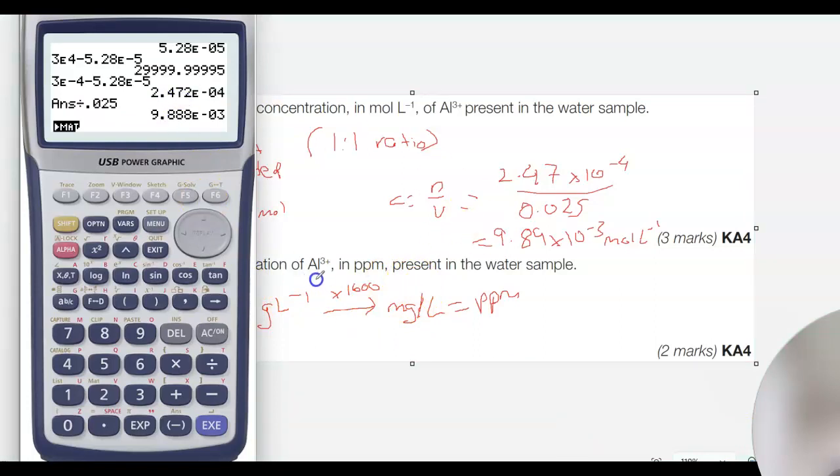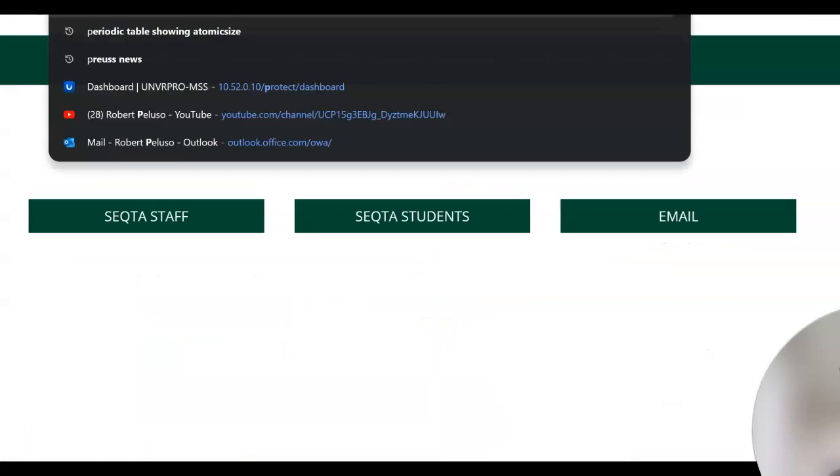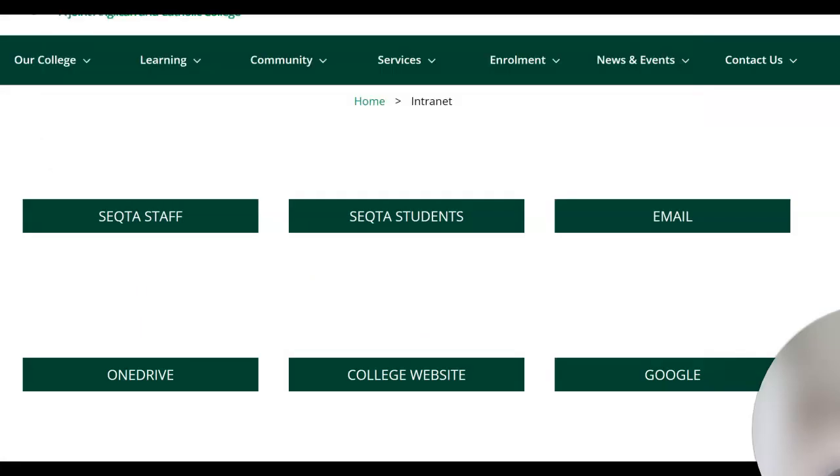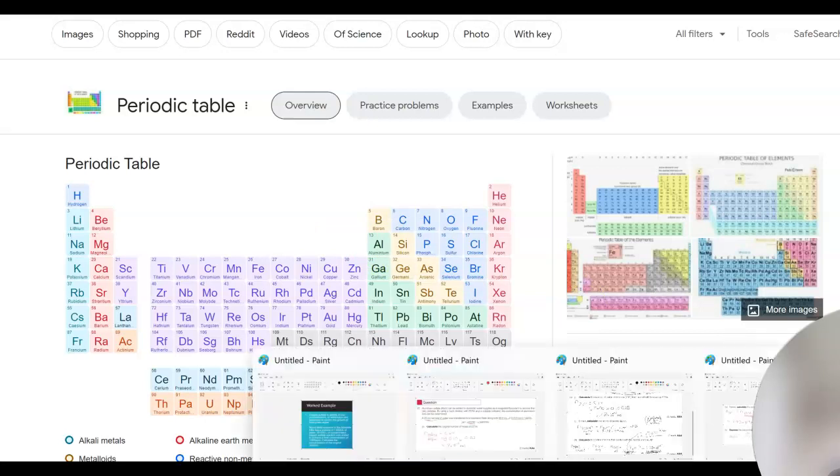Okay, so I'm just going to do it in the calculator. This times by the molar mass of aluminium. Now, you'd have to look up aluminium on the periodic table for this. Now, aluminium is 26.98, the mass number. I couldn't remember that off the top of my head.